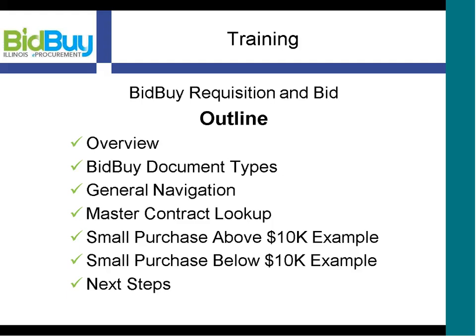Before BidBuy, you may recall that you used the Illinois Procurement Gateway to look up vendors and an associated NIGP code, and then sent vendors an email obtaining your quotes. You assembled that procurement packet and submitted it to procurement with your contract request form. Now you're still going to follow the same process, but it's going to be done through a system, through BidBuy.